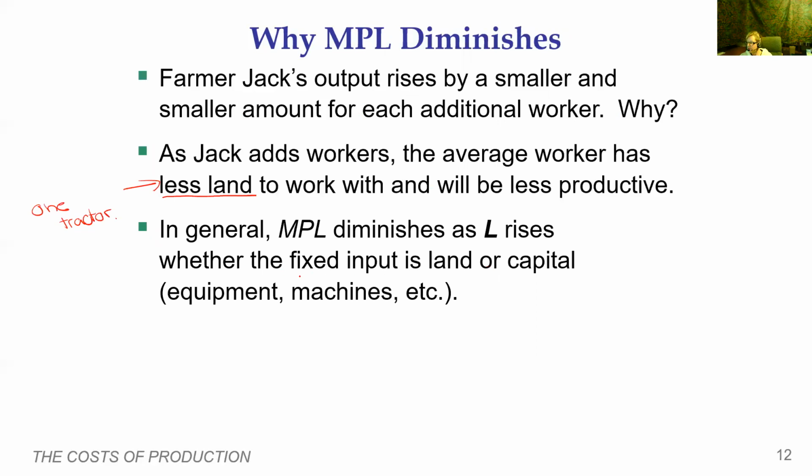And this is true of fixed inputs, things like land, because aren't we eventually going to hit capacity of our land? Aren't we going to hit our capacity of capital? So when I look at this, and I laugh because this is so true in my business, I like to use one specific pitchfork.